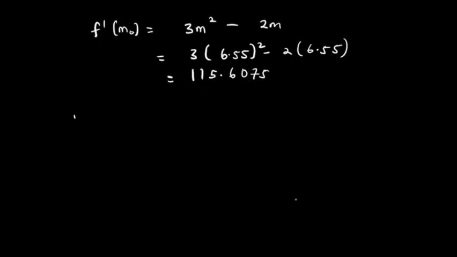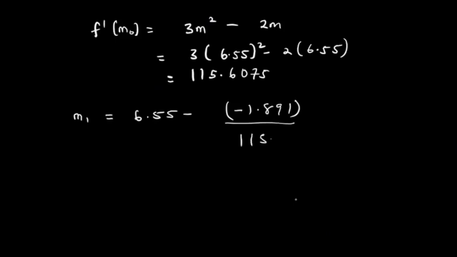So m1 is equal to m naught, 6.55, minus f of m naught, which is minus 1.891, divided by 115.6075.